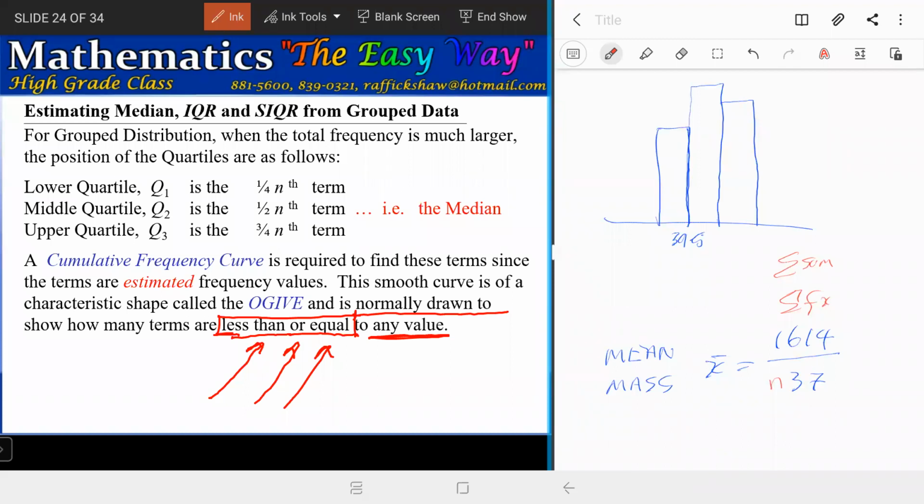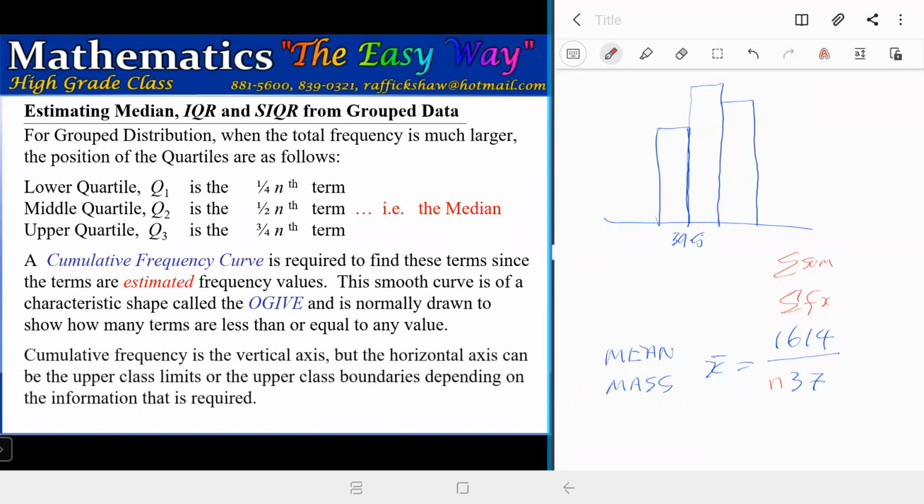That's all we know. I'm going to show you on the table. When data is grouped, you will know how many values are less than a given value. So because that is information that you know, you have to draw a graph that is representative of that information, which is a cumulative frequency curve. All right? I'm going to explain it more as we go.